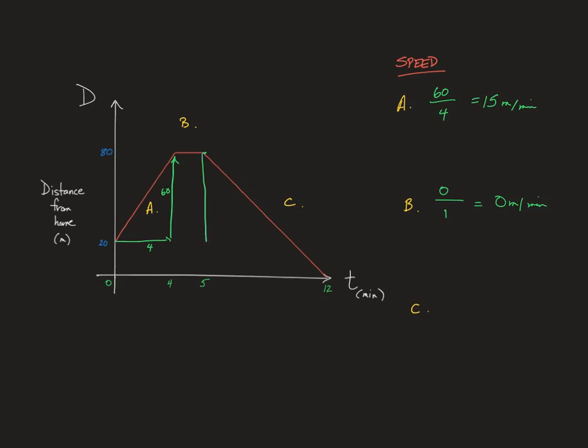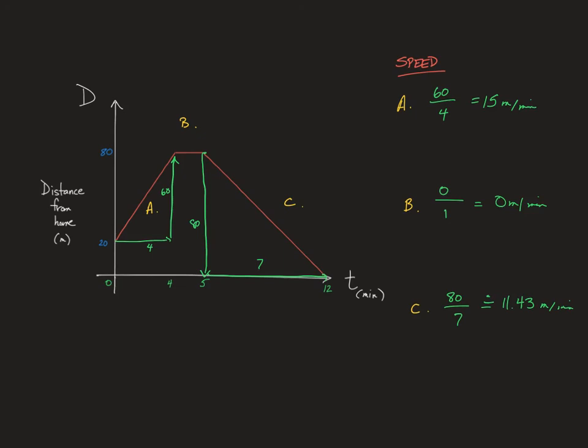So we went down 80, and we went across 7. And so for us to calculate, that's going to give us approximately, if I round off, 11.43 meters per minute. So hopefully as we work our way through, we can match up and see what we came up with.